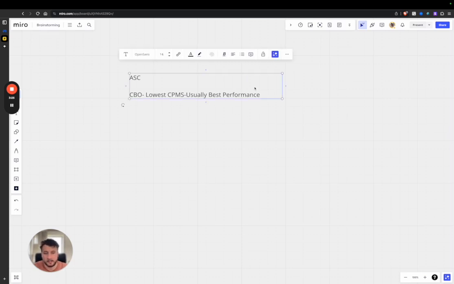Now the last kind of campaign type is going to be like a retargeting funnel, which might just be bottom of funnel, ATC, retargeting, something like visitors, something like this, 180-day add to cart retargeting, 180-day visitor retargeting.